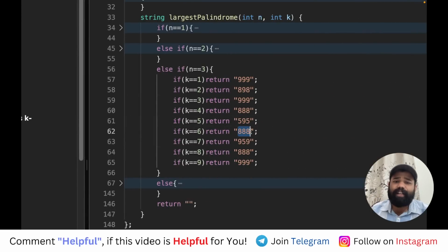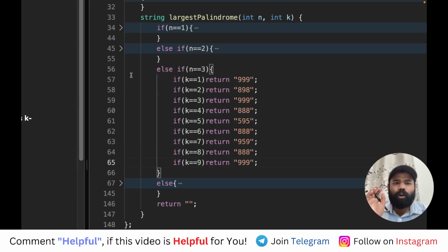You can check why 888, because for a number to be divisible by 6, it should be divisible by both 2 and 3. So 888 is divisible by both 2 and 3. Then for 7, it is 888, and for 9 it is 999. So these are some hard coded values that I have taken for this particular case.